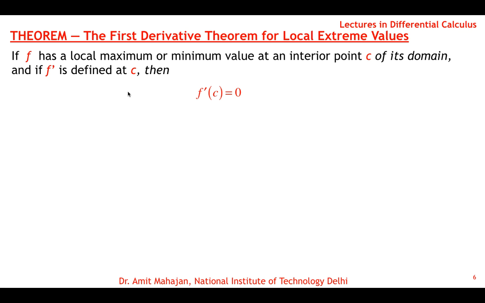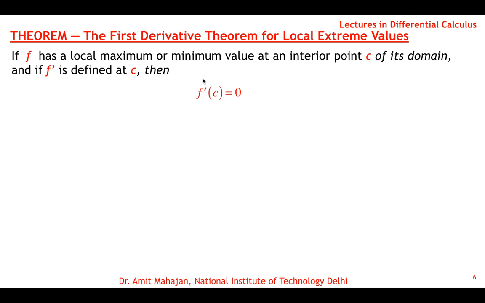This theorem says that if a function has a local maximum or minimum value at an interior point c of its domain, and if the function's derivative is defined at this point c, then the derivative at c must be 0. So if the function has a local maximum value or a local minimum value at c, where c is an interior point of the domain, and the derivative is defined at this point, then the derivative at this point must be 0.